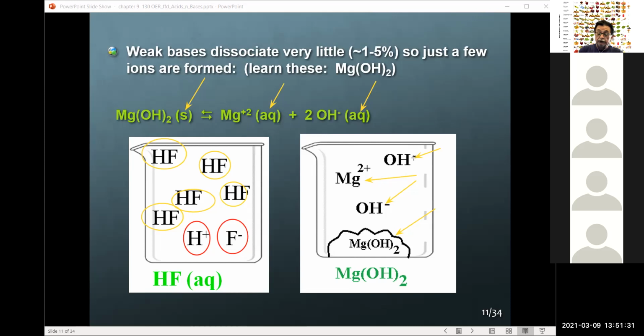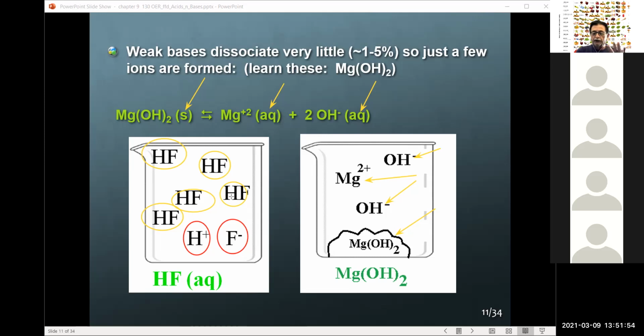And furthermore, the fact that you drew it with some gunk in the bottom of the container, some solid material, shows you that it's insoluble. The same is true with the HFs on the left side that are intact. It's weak and insoluble.